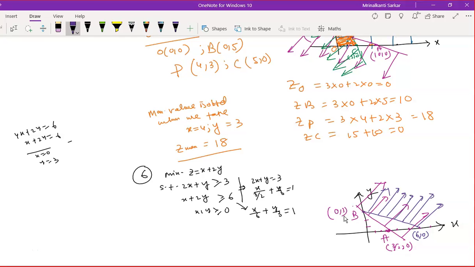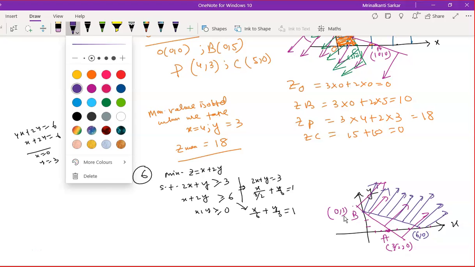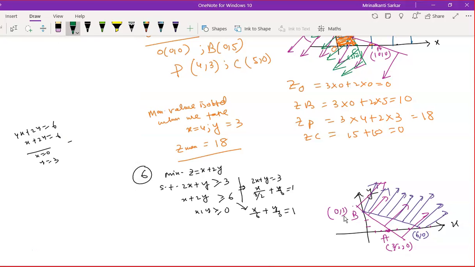Now to find the minimized value, we will first shade the region. We are shading the region in this manner. You will do it with pencil only. If you are supposed to use a different color, then it is understood. Otherwise, you have to shade the region.